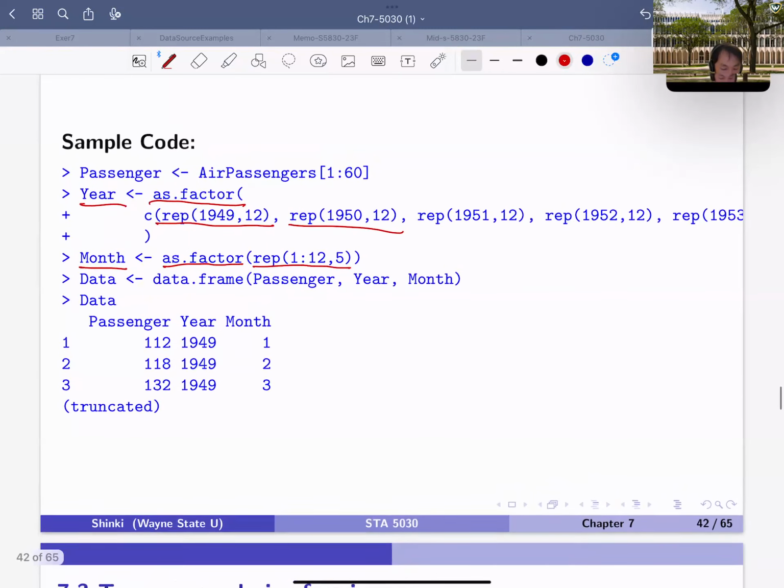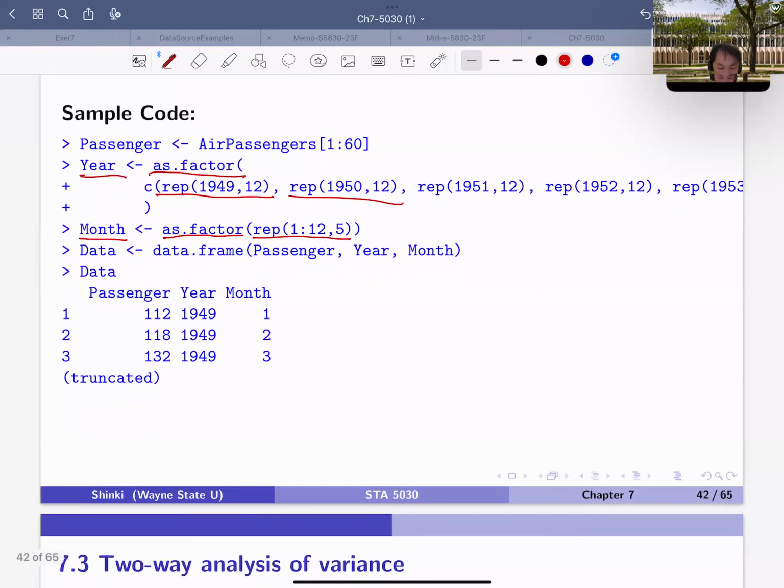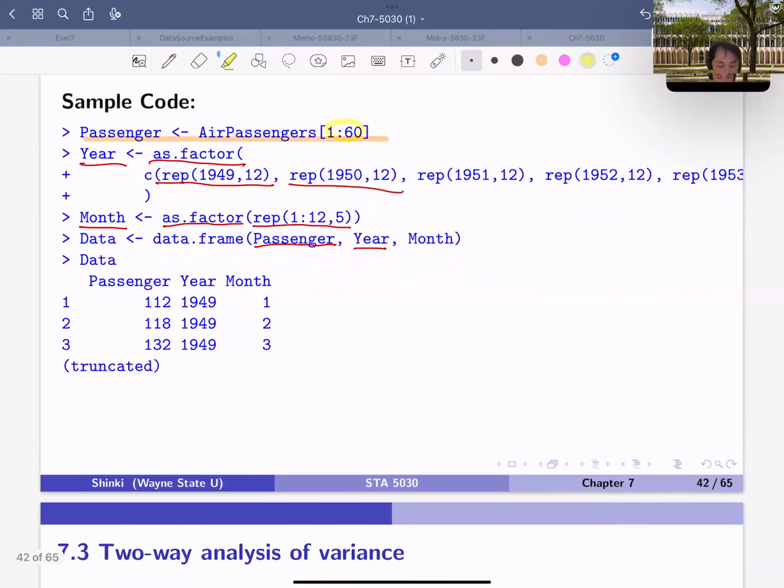And then we make a data frame. We confine the data set to the first 60 observations. A time series object becomes just a usual vector if you select a subset of observations, a subset of the time series vector, so it's a little bit confusing.